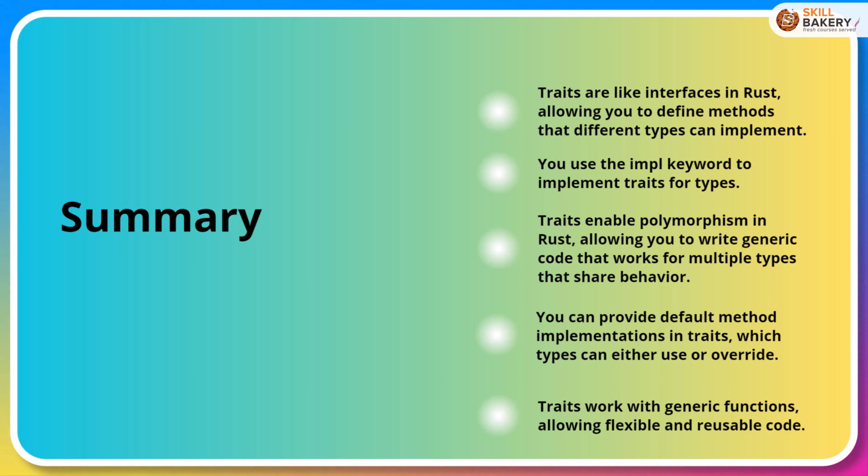They also provide default method implementations, which types can either use or override. Traits work with generic functions, allowing flexible and reusable code. So we can say that traits in Rust provide a powerful way to define shared behavior across types, and by using traits, you can write clean, reusable, and flexible code that can be applied to many different types.